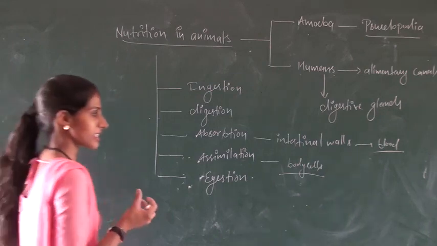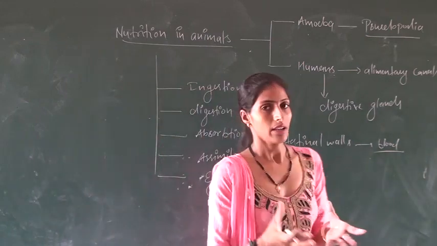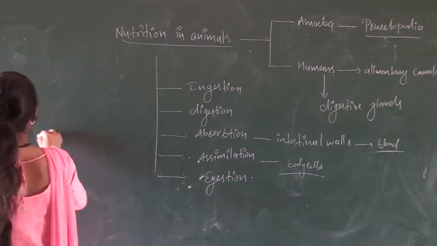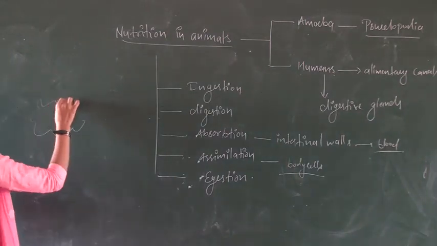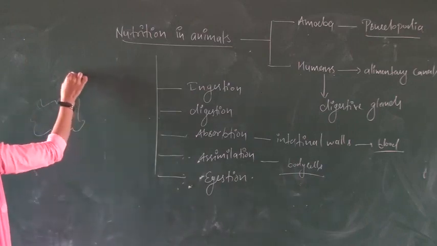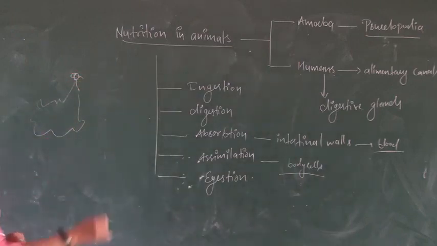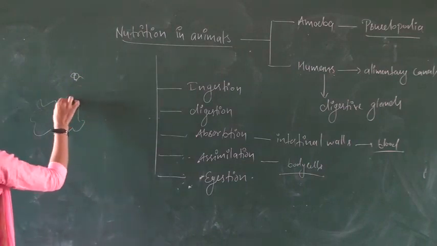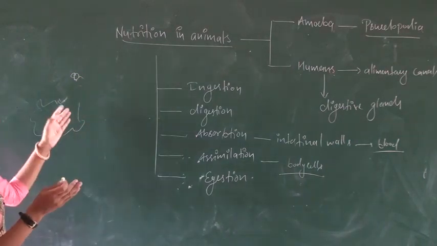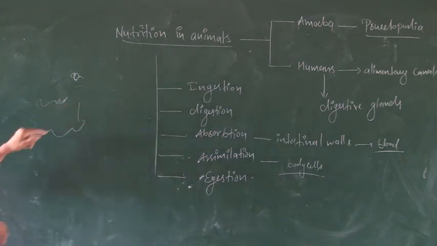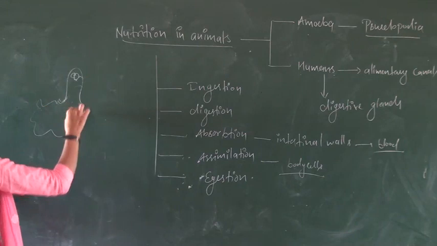Food is ingested with the help of the pseudopodia. Amoeba takes its food with the help of pseudopodia. For example, here a food particle is present. Then the amoeba takes its food by opening its body. Here the pseudopodia is present and it captures this food.